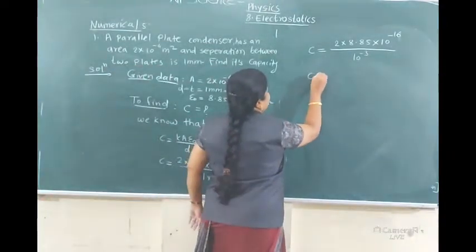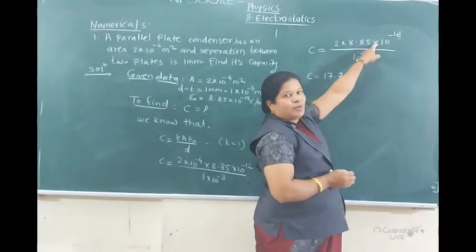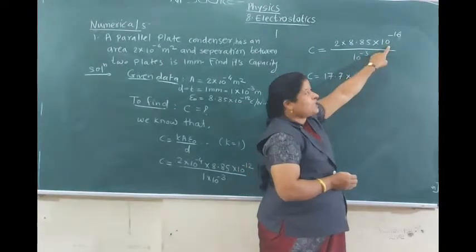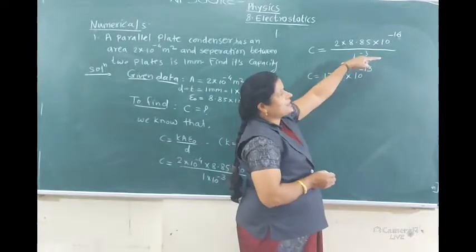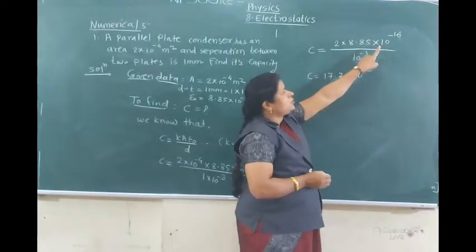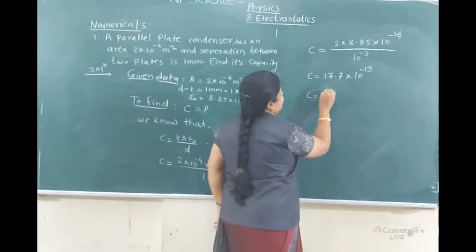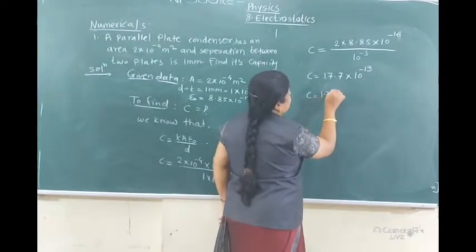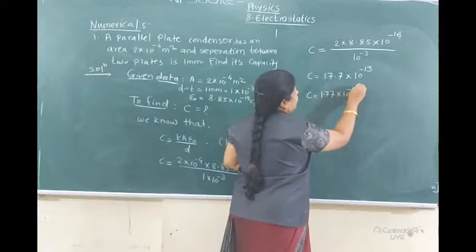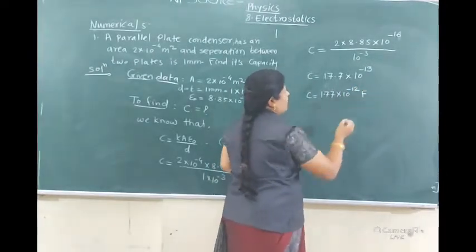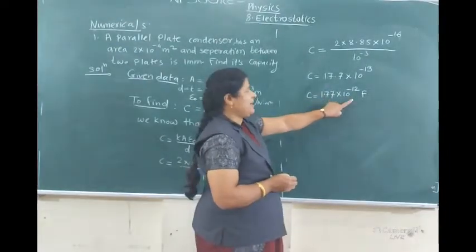So we get C is equal to 17.7 into 10 raised to minus 16 in the numerator, and the minus 3 in the denominator becomes positive on the upper side. So we get 10 raised to minus 13. So C is equal to 1.77, rearranging this factor, 10 raised to minus 12 farad. So capacitance C is equal to 1.77 into 10 raised to minus 12 farad.